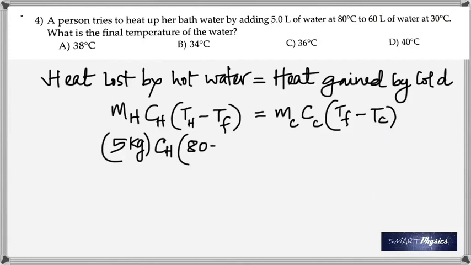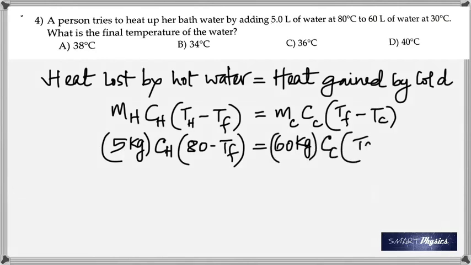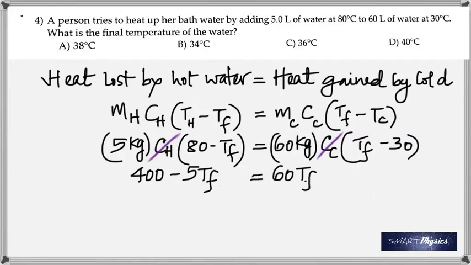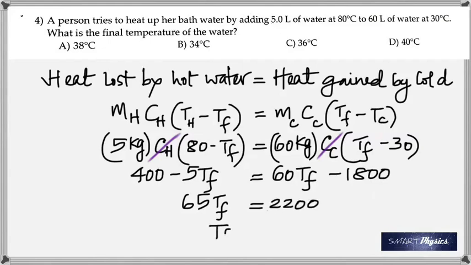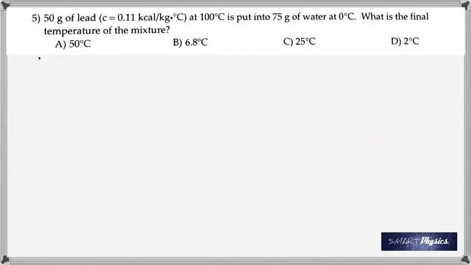I'm not going to put the value of CH because CH and CC are equal and they can be cancelled, because it's water on both sides. Okay, distribute this. Rearrange the terms. 65. Oh, I made some mistake there. Okay, 2200. And then divide to get 34 degrees Celsius.